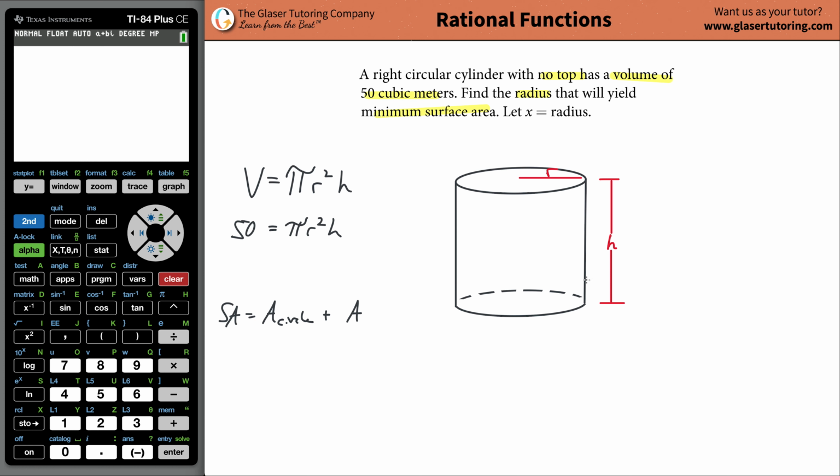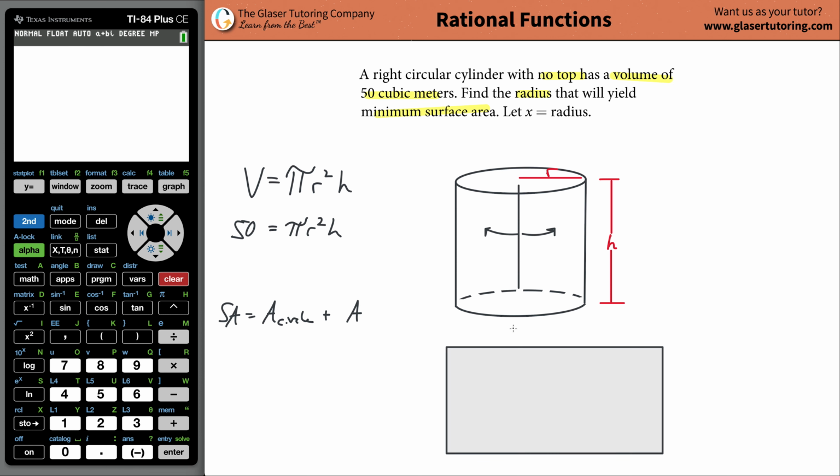Now that might be a little bit hard, but imagine you took the Solo cup and you took a scissor and cut down the entire front face. Now imagine it's not plastic, so you're able to unfold it nicely. If you were to unfold it, it would actually unfold into a rectangle, interestingly enough.